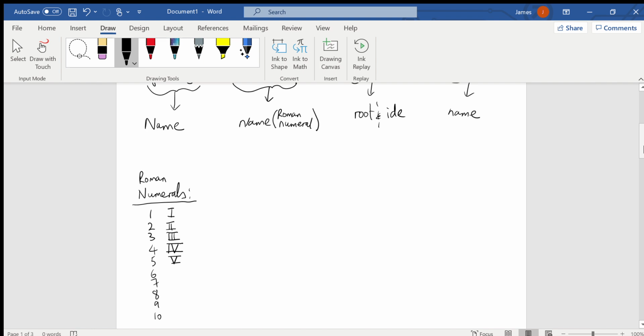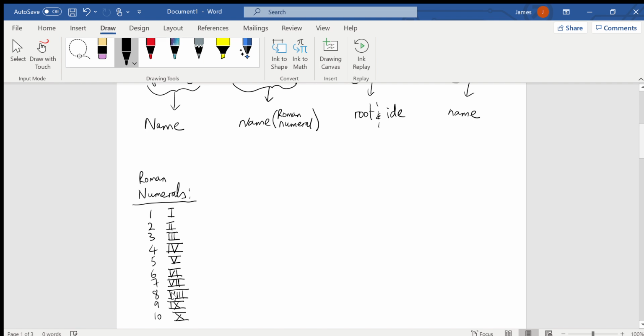So again, 5 is V, 4 is 5 minus 1, so we put the thing that we're going to subtract on the left. 6 is 5 plus 1, so we put the 1 on the right of the V, so it's VI. 7 is 5 plus 2, so it's VII. 8 is 5 plus 3, so it's VIII. 10 is X. 9 is 10 minus 1, so it's IX.